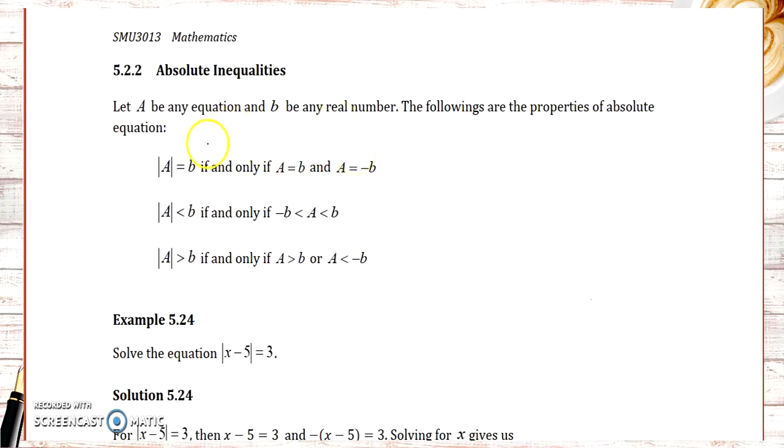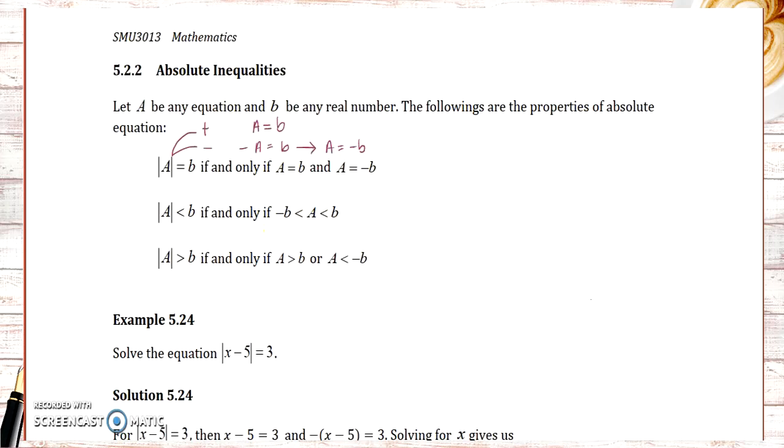This happens because inside the modulus, the equation can be positive or negative. So we can write positive A equals b and negative A equals b, so this will be A equals negative b.